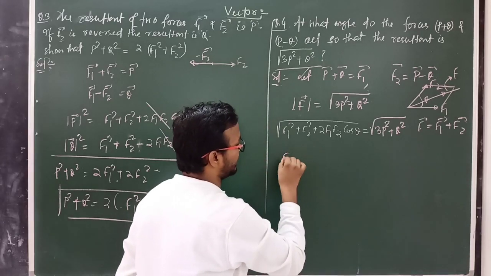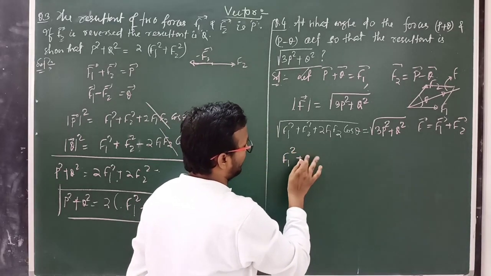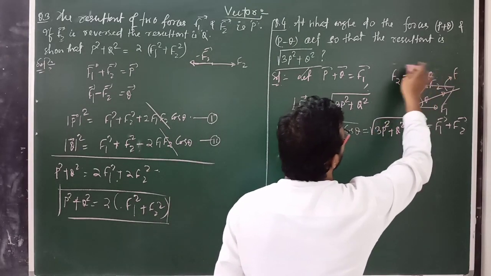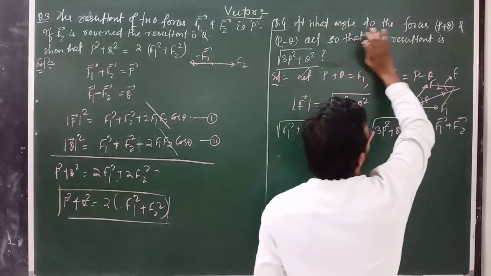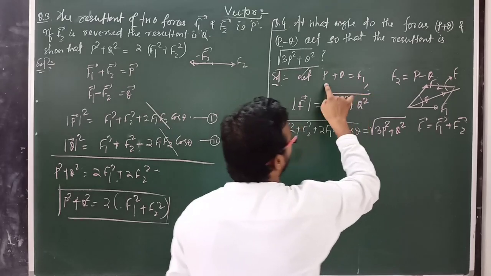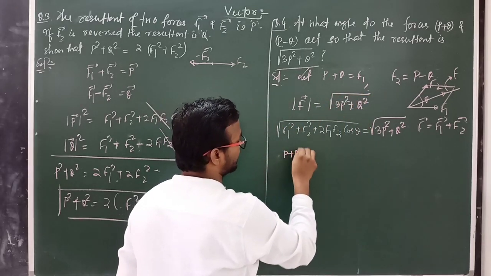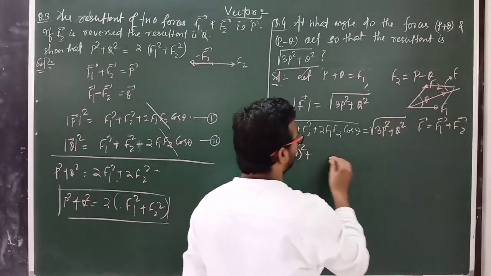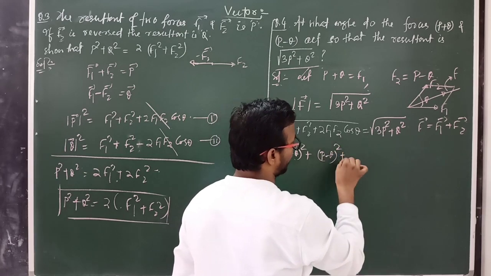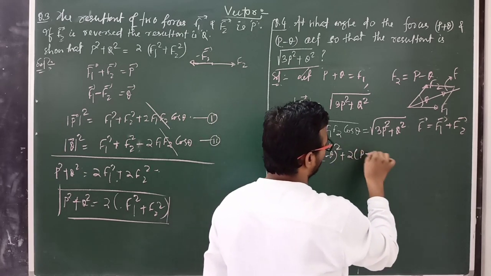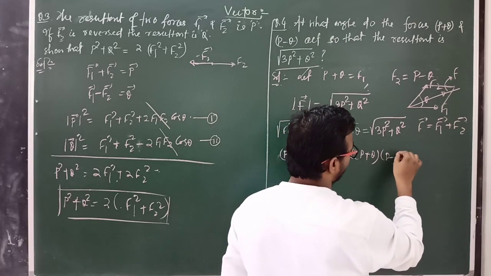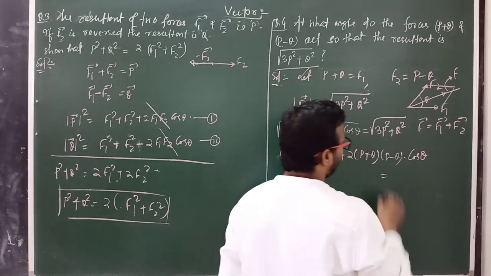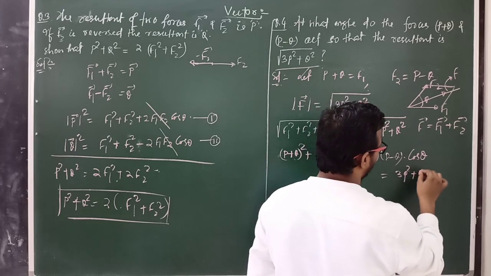Then the remaining part is F1 square plus F2 square plus 2F1F2 cos theta, where F1 is P plus Q, so (P plus Q) whole square, plus (P minus Q) whole square, plus 2 into (P plus Q) into (P minus Q) into cos theta, equal to 3P square plus Q square.